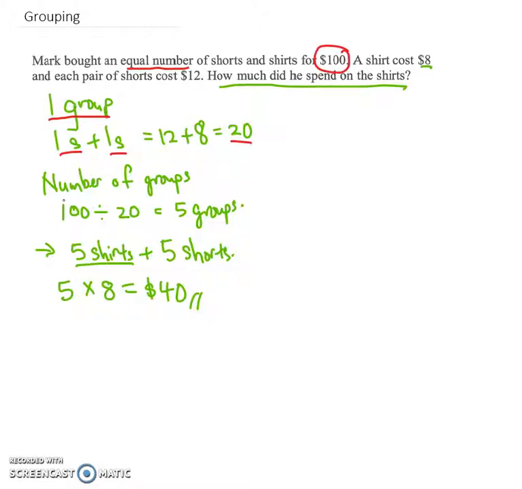So you need to find the number of groups, which is 100 divided by 20, you get 5 groups. So 5 groups means he bought 5 shirts and 5 shorts. Each shirt costs $8. He's asking how much you spend on the shirts. So total, that is $40.